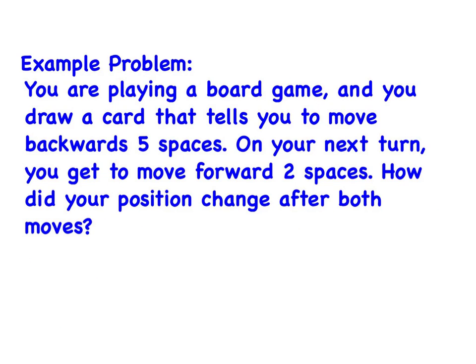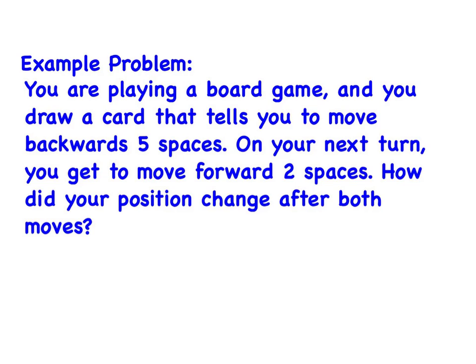All right, let's read our next problem. You are playing a board game, and you draw a card that tells you to move backwards 5 spaces. On your next turn, you get to move forward 2 spaces. How did your position change after both moves? Okay, so I want to find out what happens after the 2 moves.